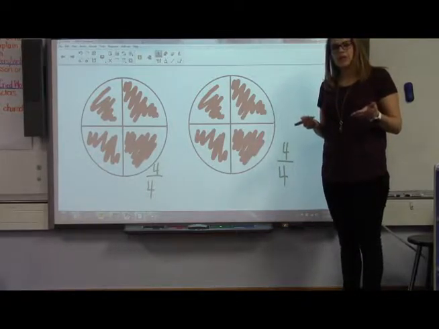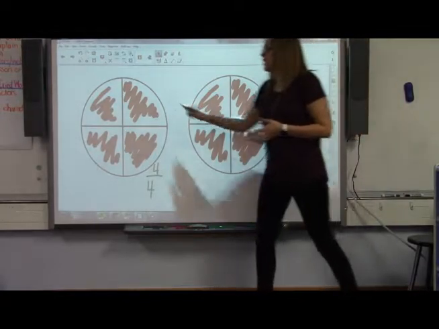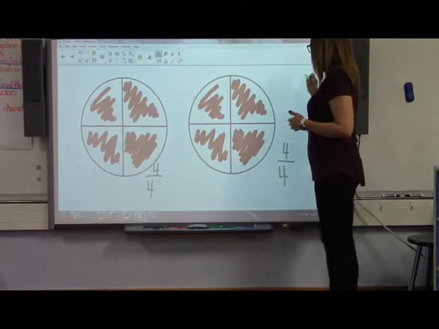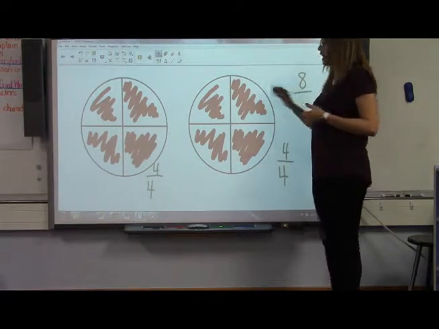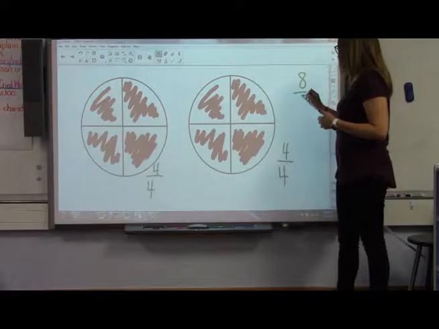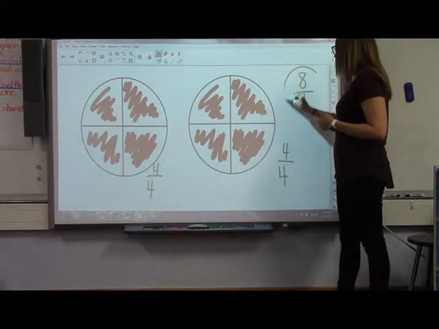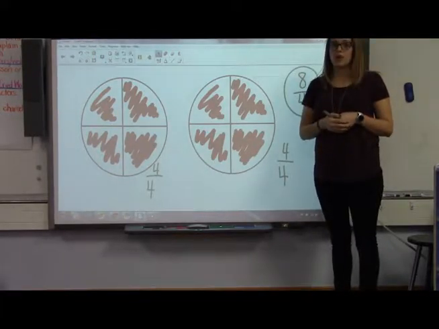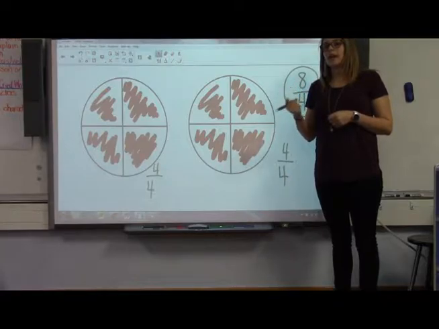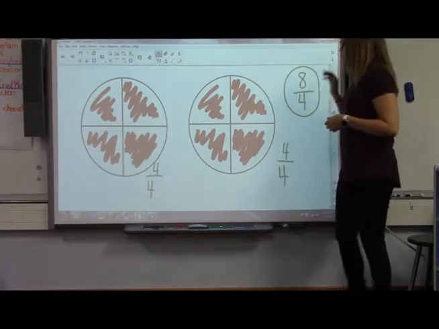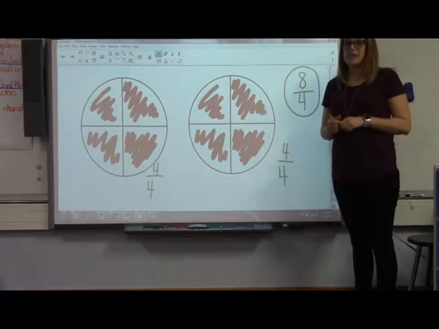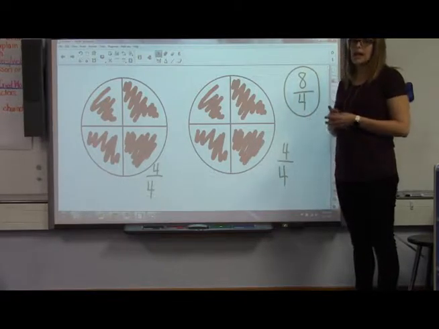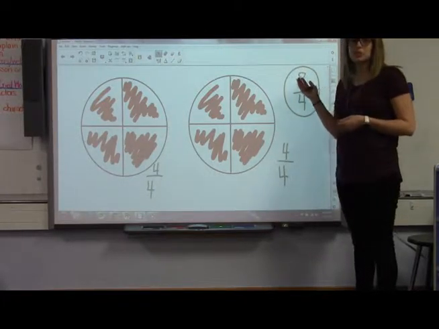What happens if we add those together? We actually have 8 parts shaded out of a total of 4 parts. So our fraction would look like this, 8/4. Now if you remember from our last lesson, I said that if the numerator is greater, it means it's more than 1. And in this case, it's actually 2.